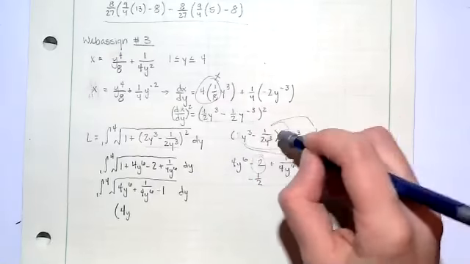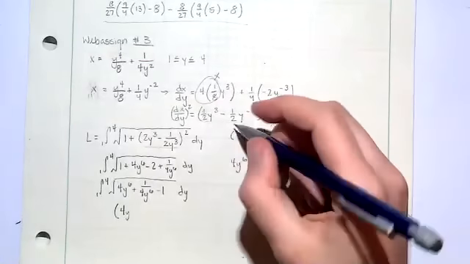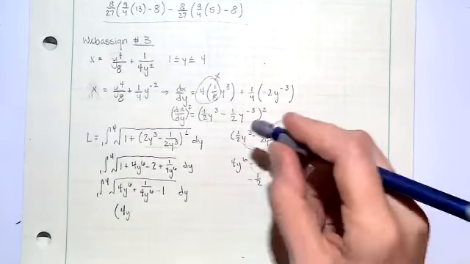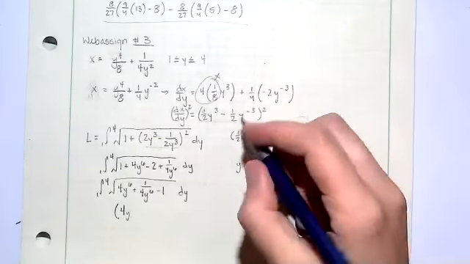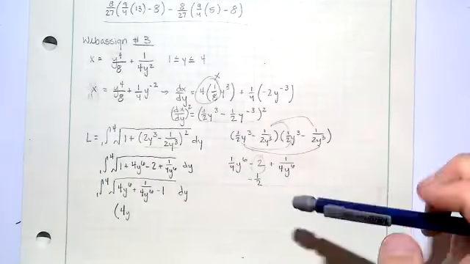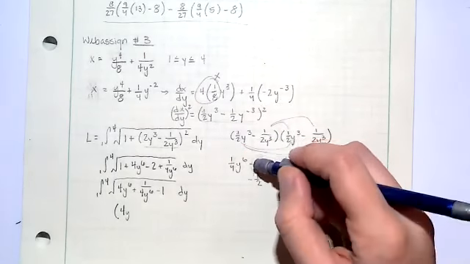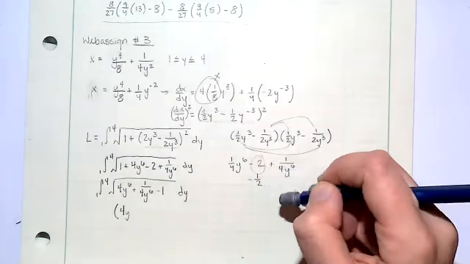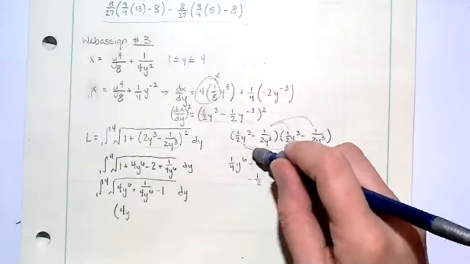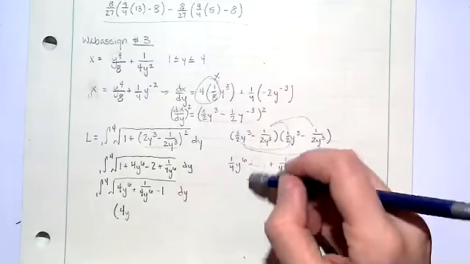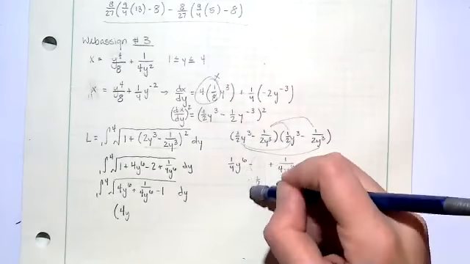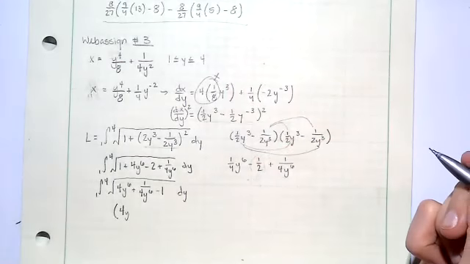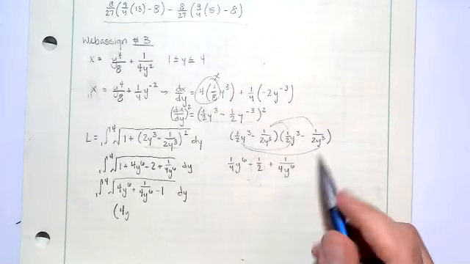This should all be 1/2. I'm sorry about that, guys. Which means this will be a 1/4. That will be a minus 1/2, and then we'll have the 1/4 y to the 6th.